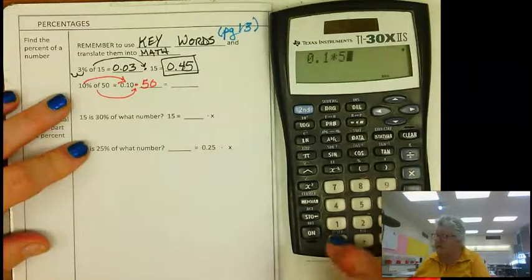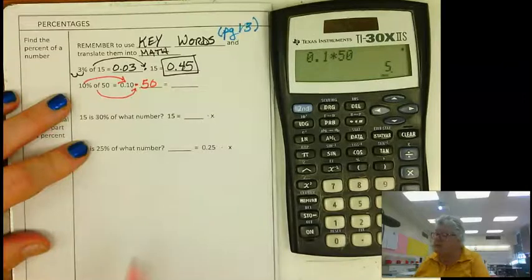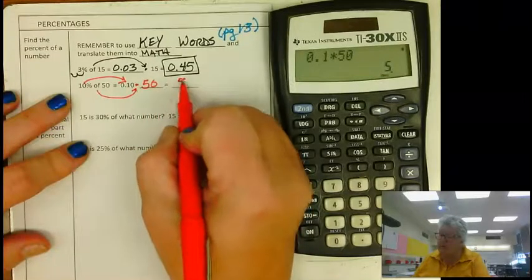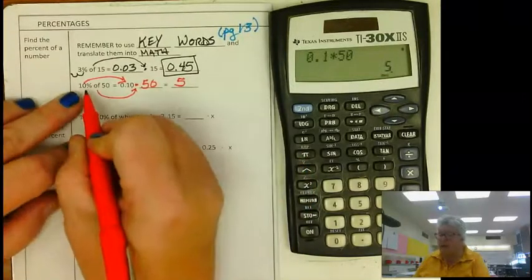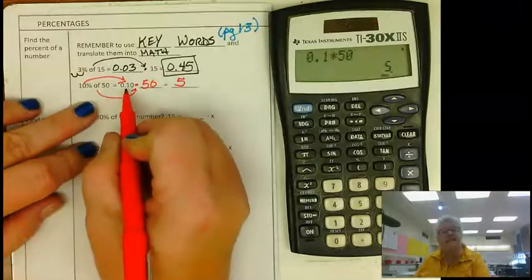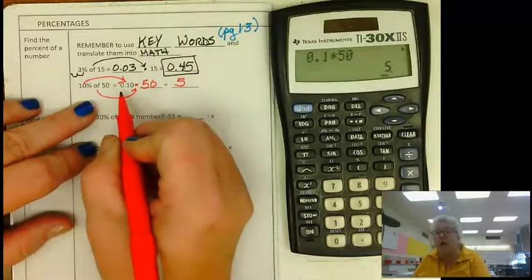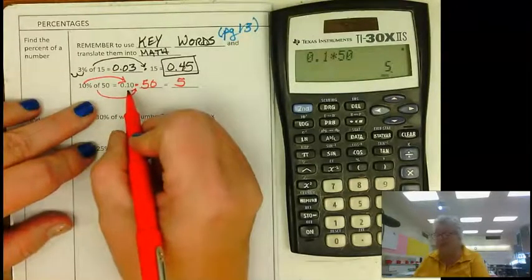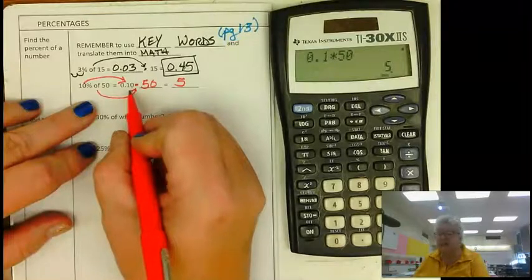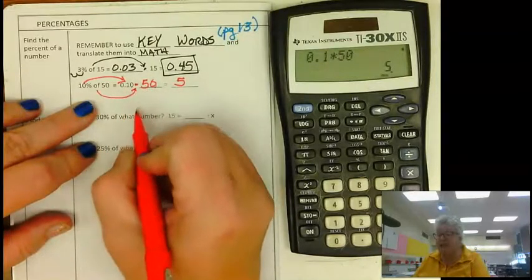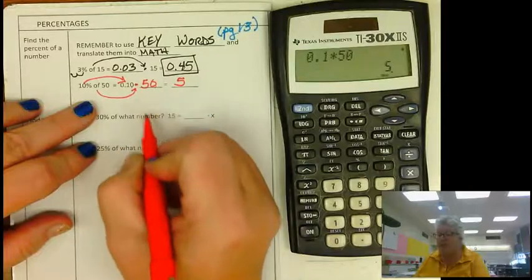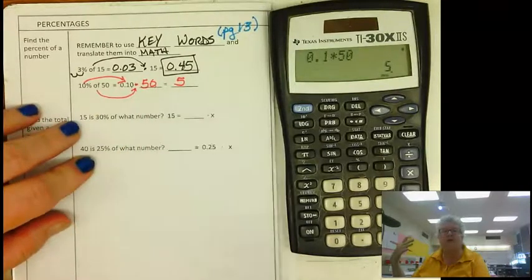Times 50 equals 5. Remember, when you're multiplying by a tenth or a hundredth or whatever, all you're really doing is moving the decimal place. Since it's less than 1, you're moving it to the left. So 50, moved it over, became 5. Too easy.